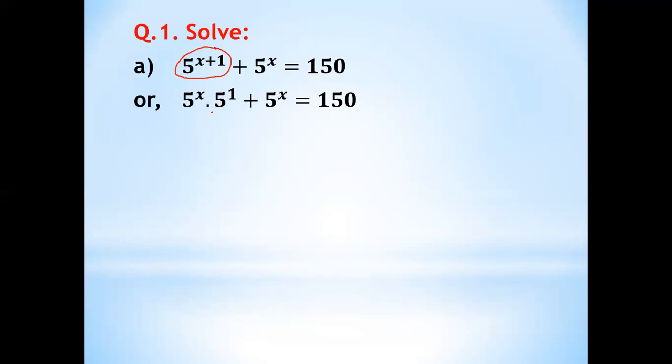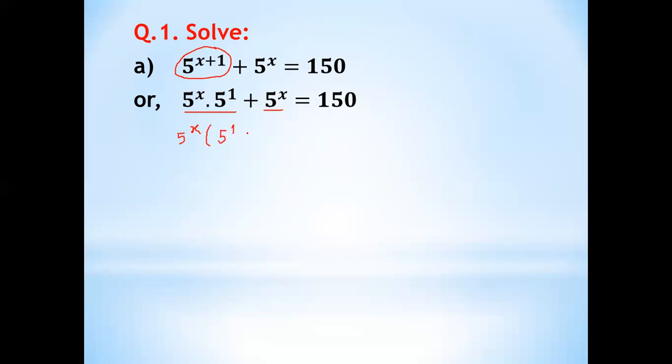Now, if you see these things precisely, this 5 to the power x times 5 to the power 1 plus 5 to the power x, is it possible to have something common? Yes, we can easily take out the common 5 to the power x. So from 5 to the power x times 5 to the power 1, if we take out 5 to the power x common, then yes, there will be the remaining 5 to the power 1.